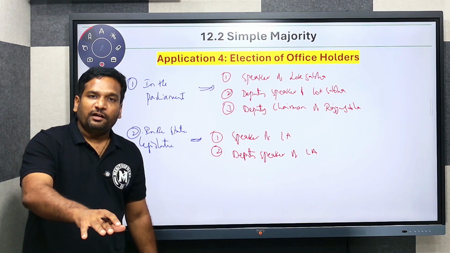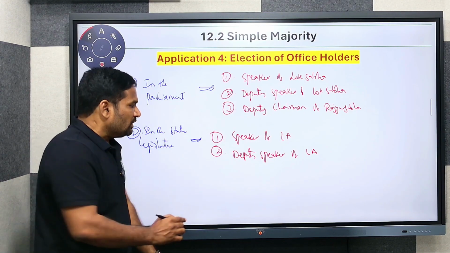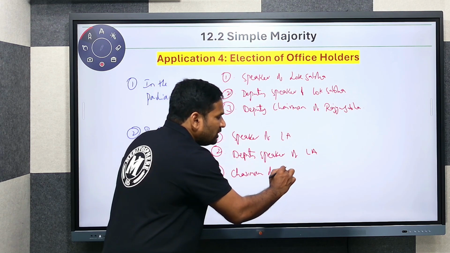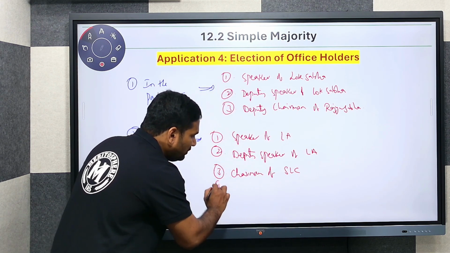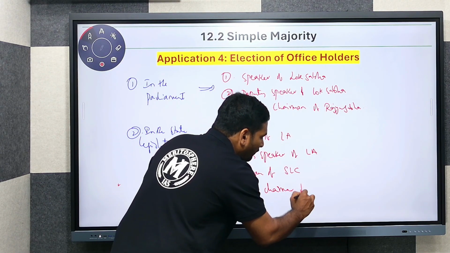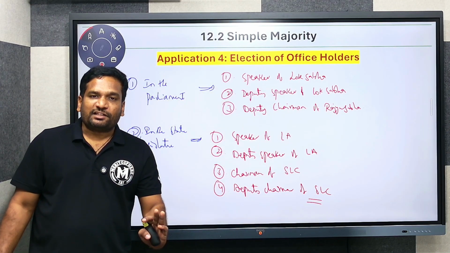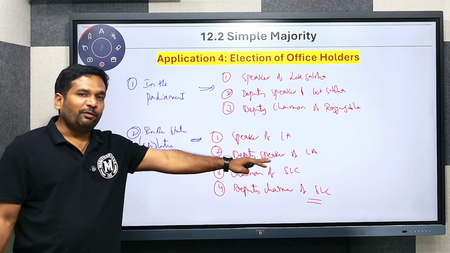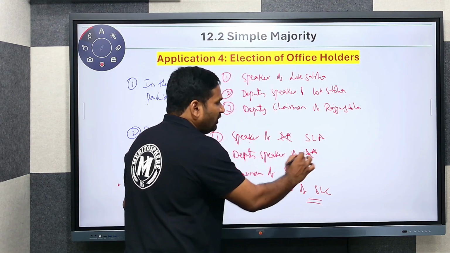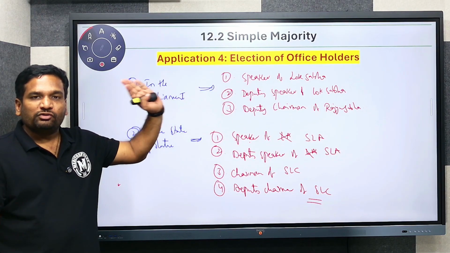Whenever a bicameralism is there in the states, then under such circumstances, Chairman of State Legislative Council and Deputy Chairman of State Legislative Council. So if unicameralism is there in the states, then the Speaker of the State Legislative Assembly and the Deputy Speaker of the State Legislative Assembly, these two personalities will be elected through the use of simple majority.